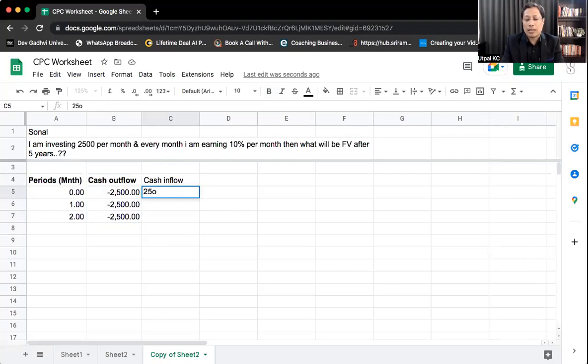So that means there is no net investment. Is this right? 250 minus 250 per month cash inflow. This is the net cash flow.